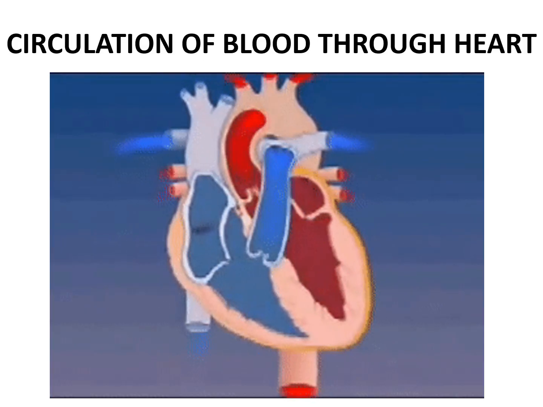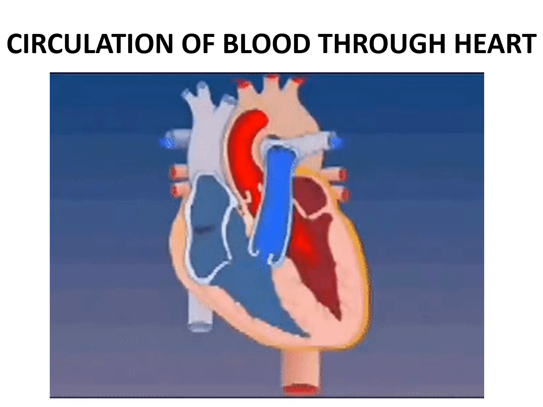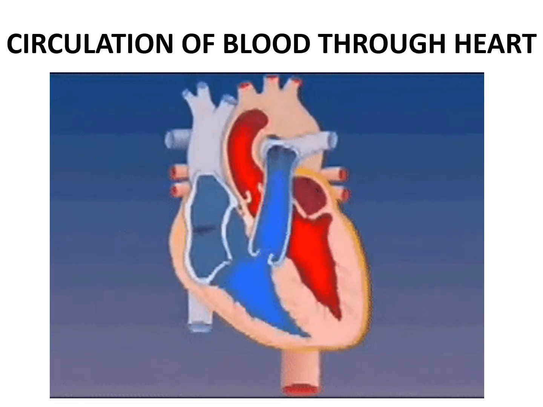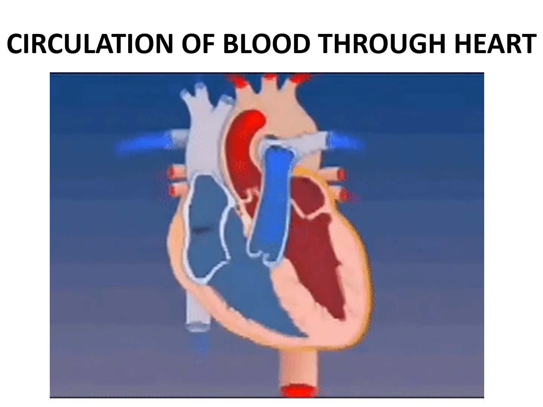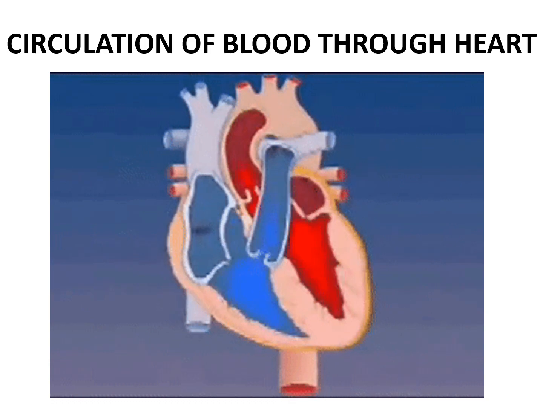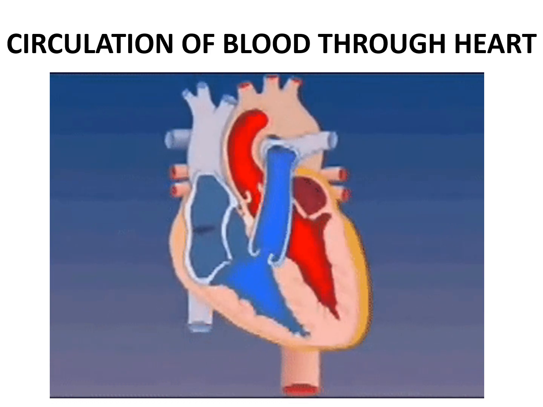The circulation goes through the right side of the heart, which carries deoxygenated blood, and from the right ventricle goes through the pulmonary arteries to the lungs, where it is oxygenated, and then it comes back to the left side of the heart for distribution to the whole of the body through the left ventricle and then through the aorta.